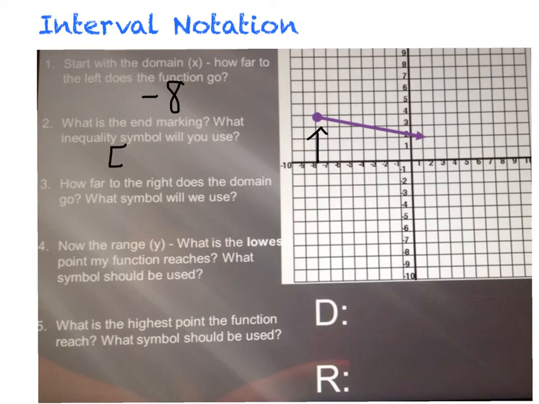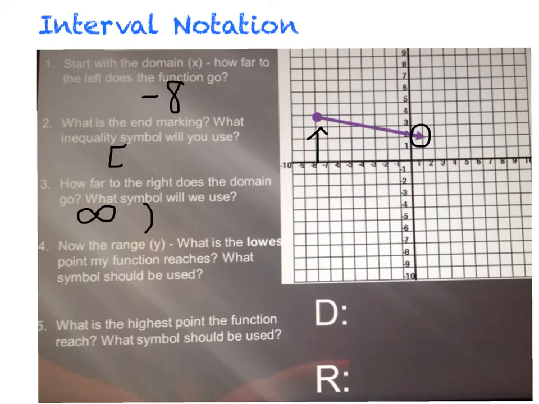Next, let's look at the furthest right point. If I look here, I have an arrow, which indicates that this goes on to infinity in the positive direction. And so I'm going to use a parenthesis.